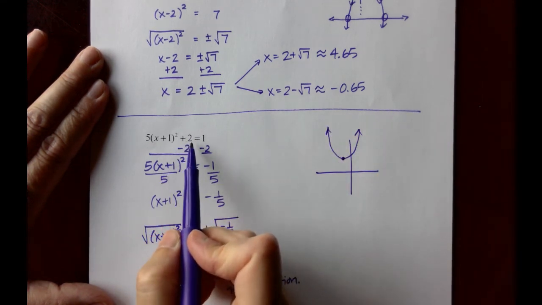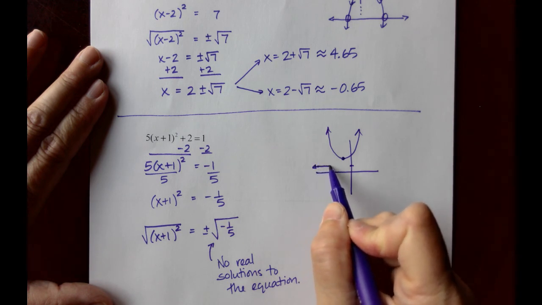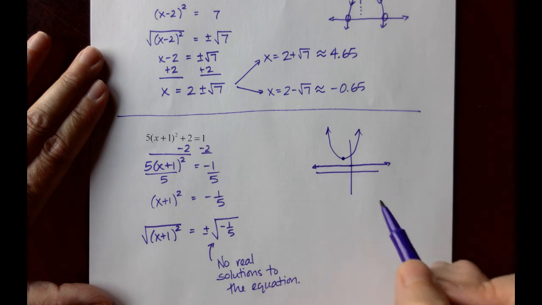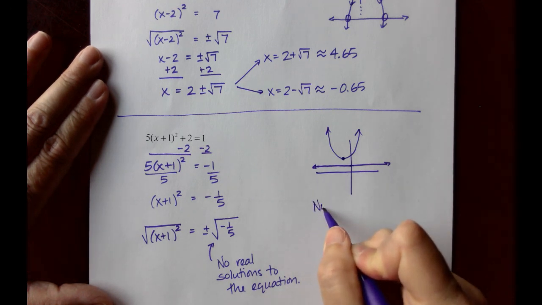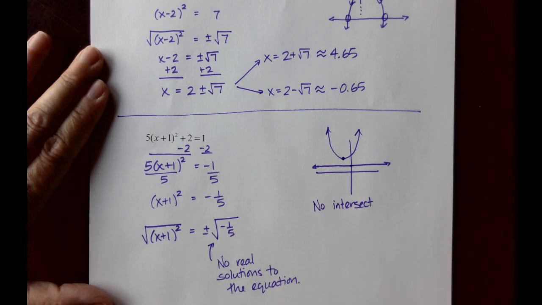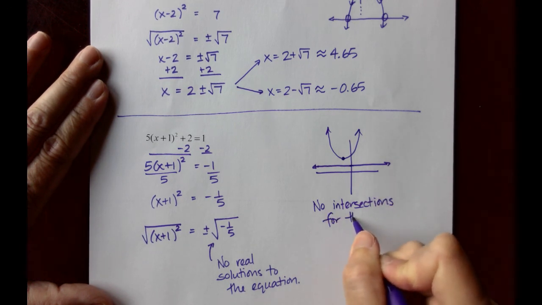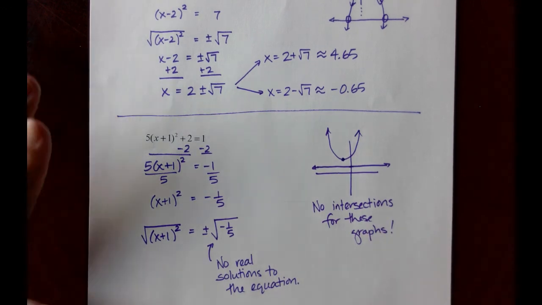And we want that parabola to cross the horizontal line y equals 1. Well, y equals 1 is under the vertex of the parabola that opens upward. And so there are no places where the parabola crosses that horizontal line. So no intersections of these graphs indicate that we shouldn't get any real solutions to the equation. That's a good sign. It means that we're headed in the right direction.